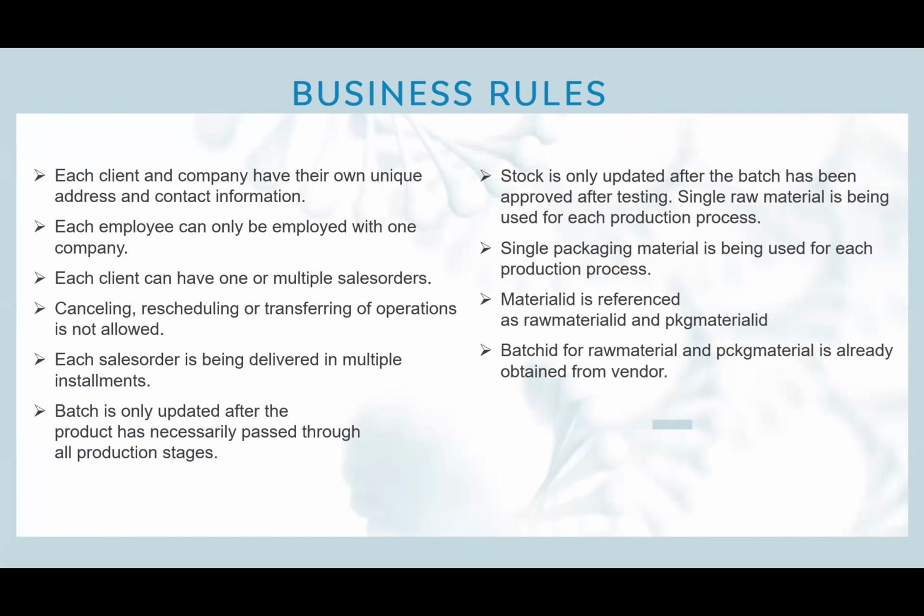And stock will be updated only after the batch has been approved for testing. We have used a single raw material and a single packaging material for the production process. Material ID is referenced as raw material ID and packaging material ID, and the batch ID for raw material and packaging material will already be obtained from the vendor. Next slide.